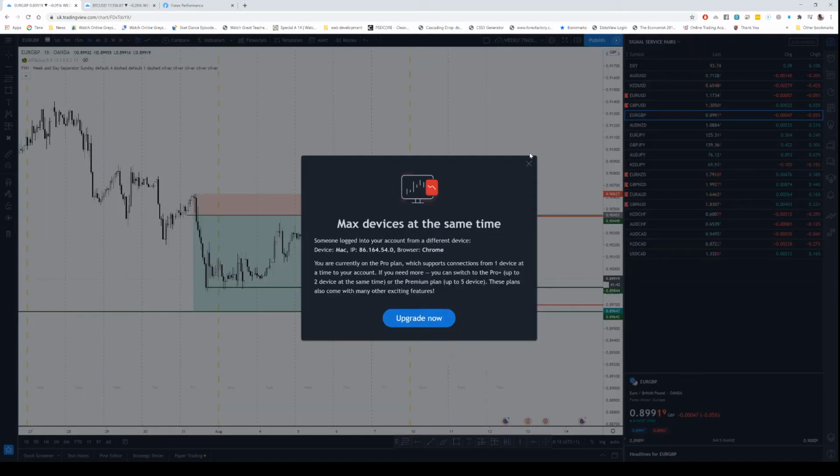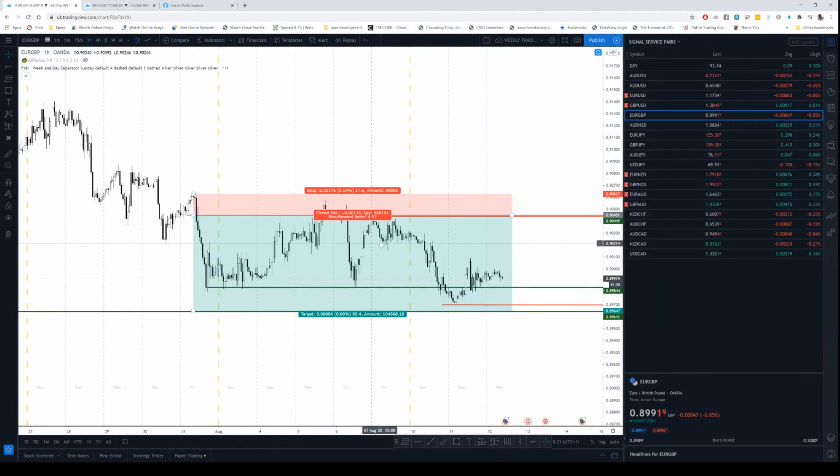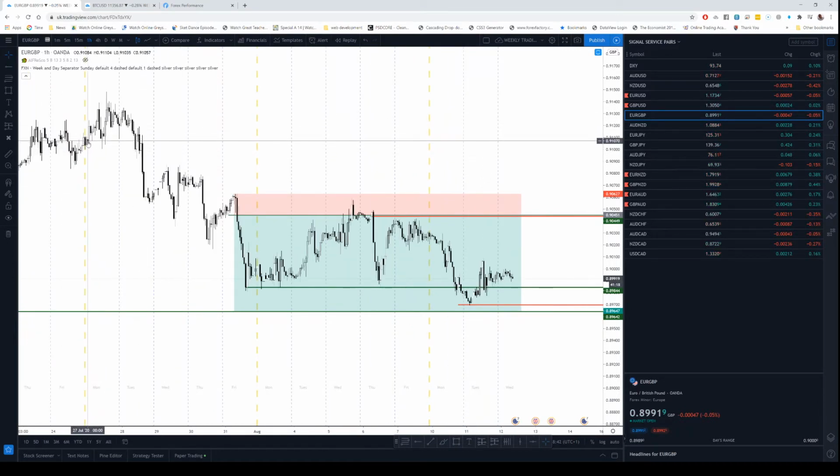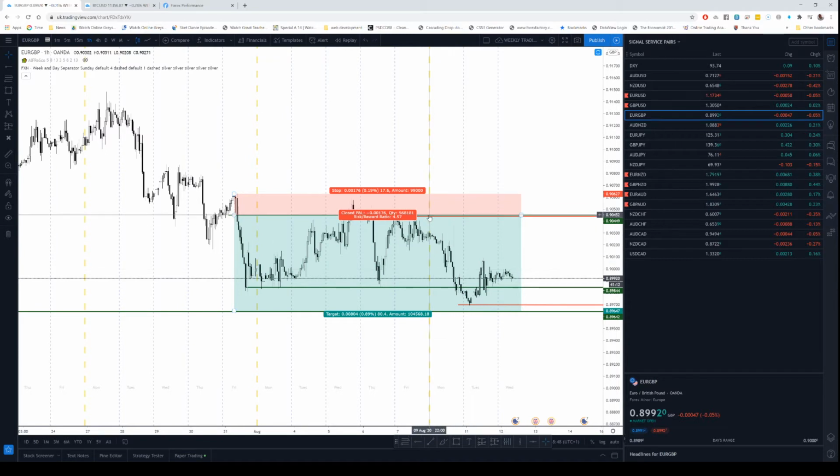That's not ideal when I'm bearish. When I'm bearish, I want to see at least a bit of a move to the upside on the weekly candle. Something like this: weekly start, a bit of move to the upside, and then the rest of the week we drop down. That's what I wanted to see here.